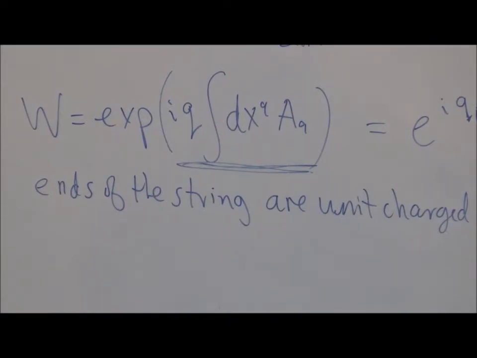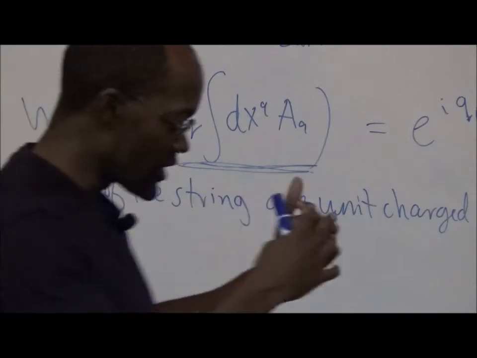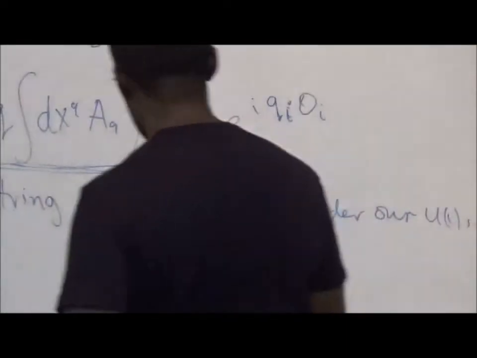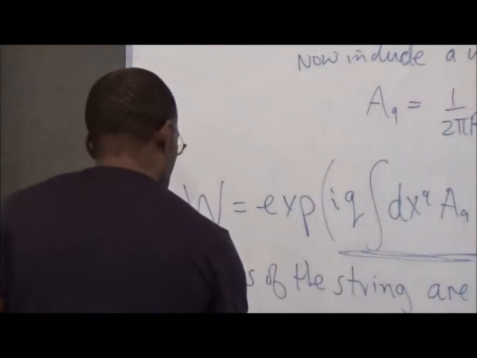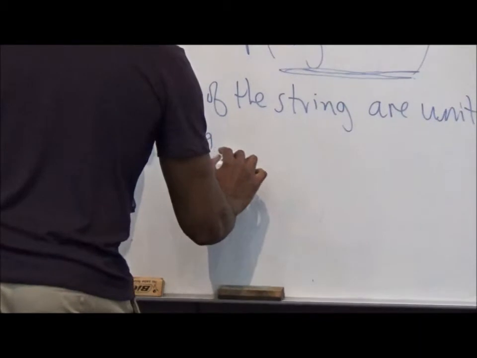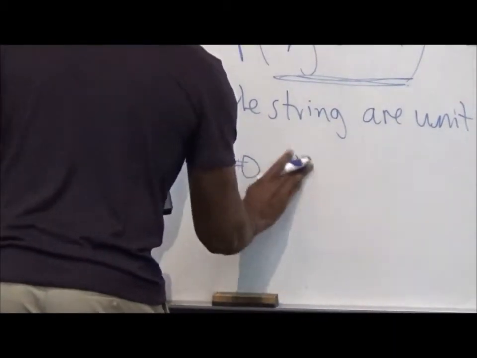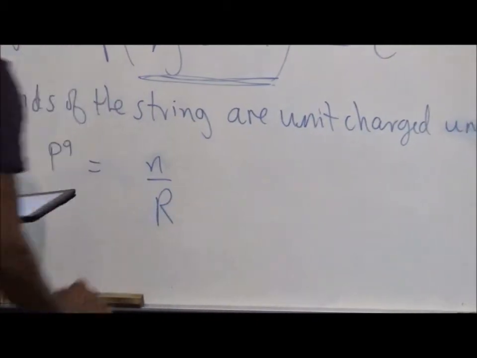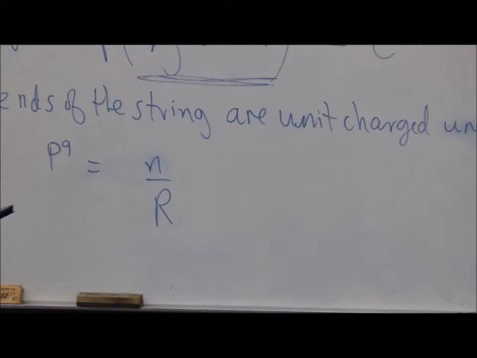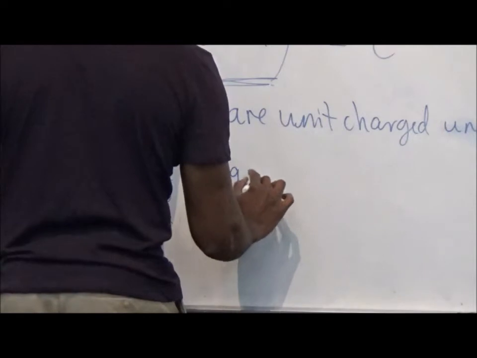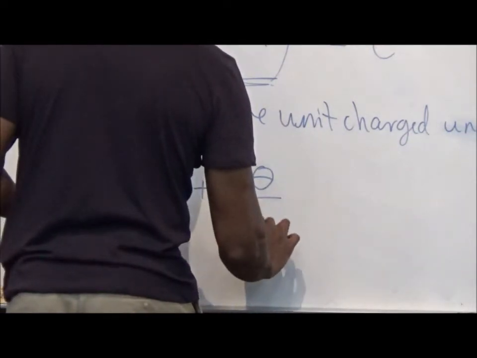Essentially, the gauge field in canonical quantization is just another additive piece to the momentum of an object, and so indeed, our momentum in the ninth direction, instead of being P9 = n over R, is now shifted by, if I do this right, the charge times theta over 2 pi R.